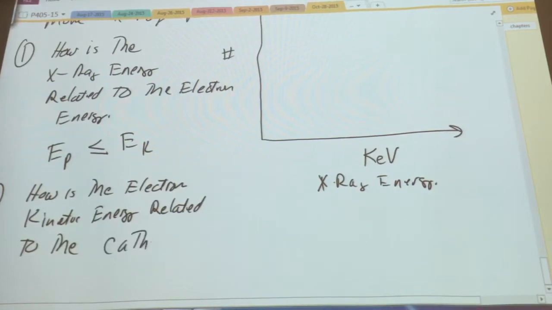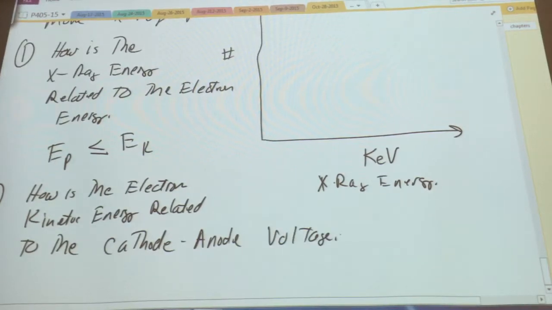So in the first case, EP is the photon energy, the X-ray energy, and EK is the electron kinetic energy. So the photon energy is less than or equal to the electron kinetic energy. Photon energy cannot be greater than that.